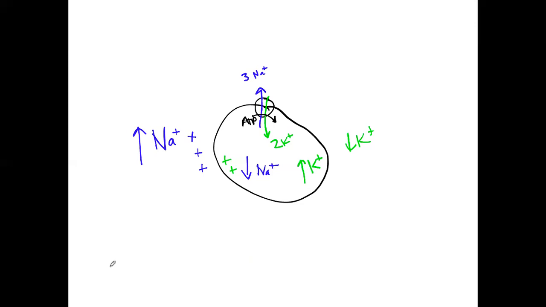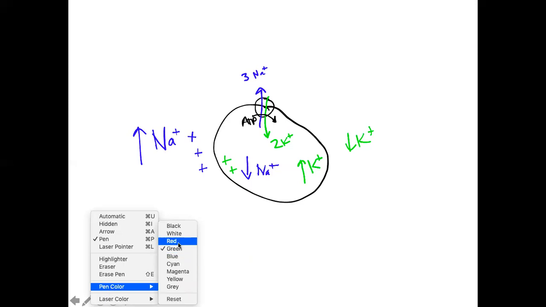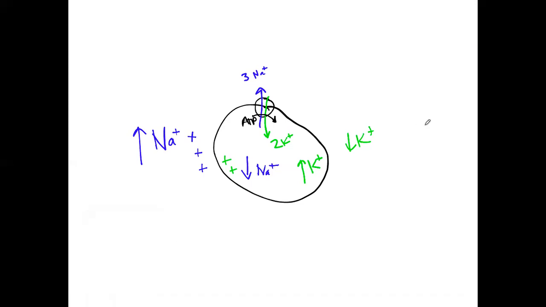Okay, so the inside of your cell is relatively negative, and we're just going to put a negative down here, because of that unequal dragging of those ions. So you kick out 3 sodium and you drag in 2 potassium. Because you do that, the inside is relatively negative compared to the outside.